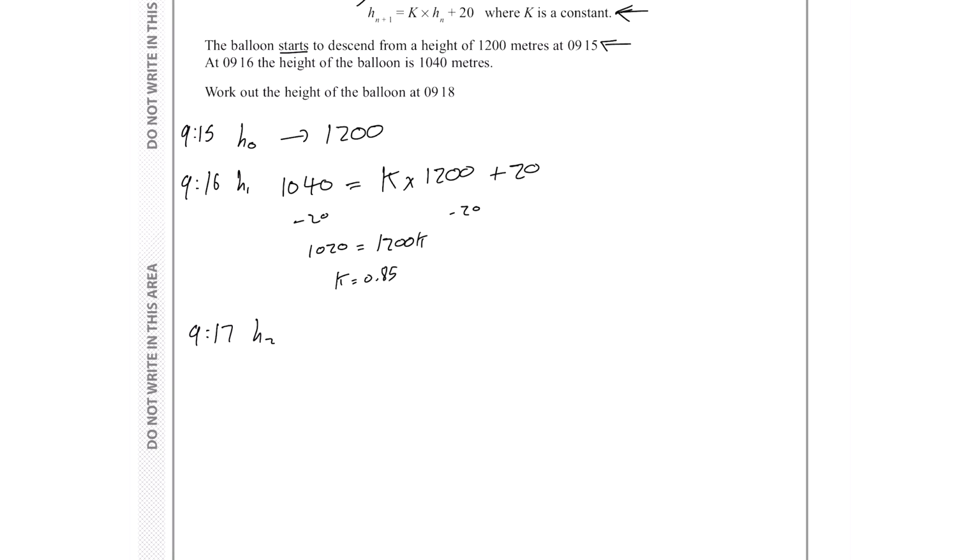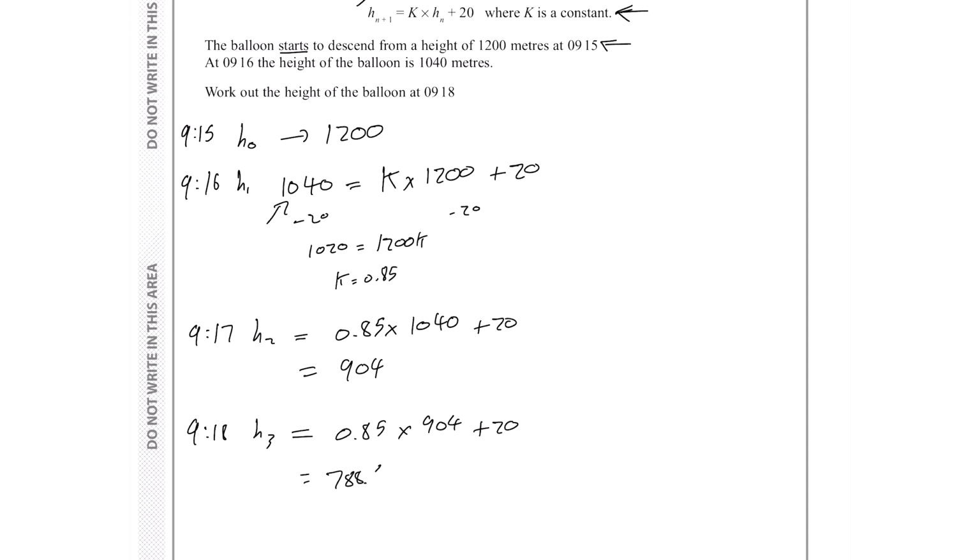We don't know what h2 is, so h2 is equal to 0.85 times h1, which is 1040, plus 20, and that becomes 904. And then at 9:18 we have h3, which is 0.85, which is k, times 904 plus 20, and that's 788.4.